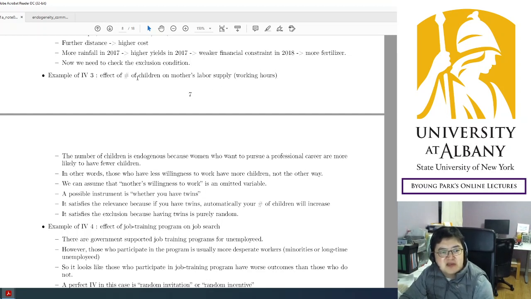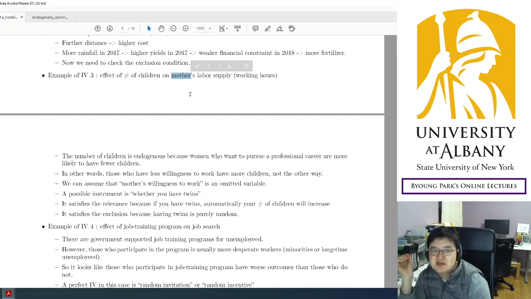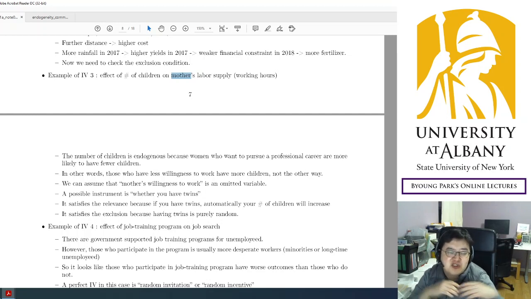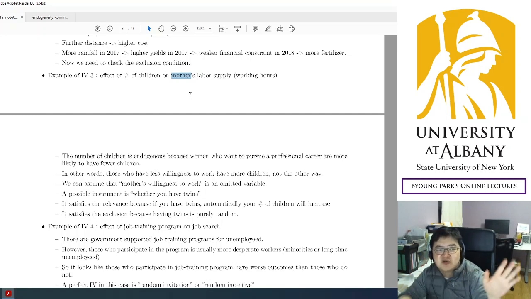But the problem here is that the number of children is also correlated with the mother's unobserved characteristics, like how much she wants to pursue a professional career, or how ambitious she is, or on the other hand, how much the mother wants to have a larger family, or how much time the mother spends with her children. Those unobserved characteristics, the mother's tendency, have a direct effect on the decision of having another kid.